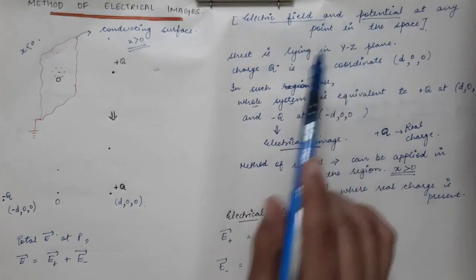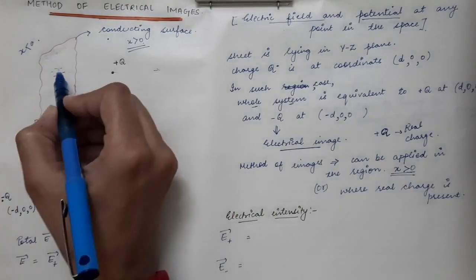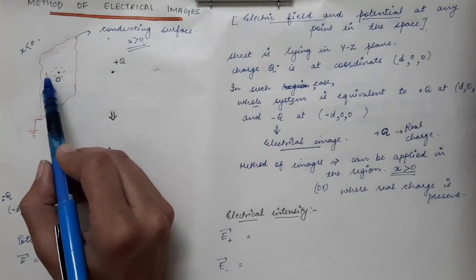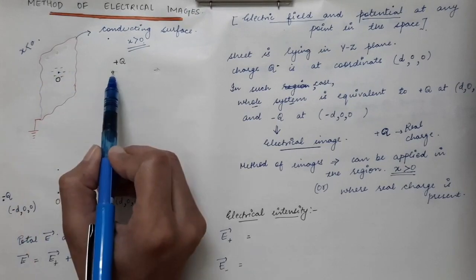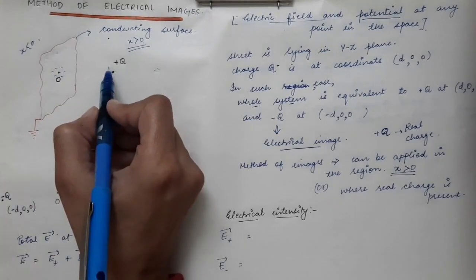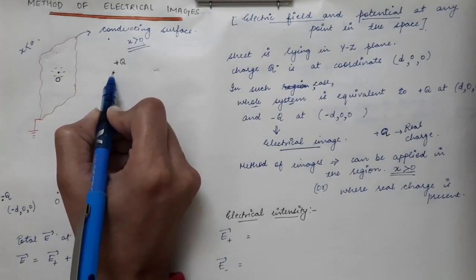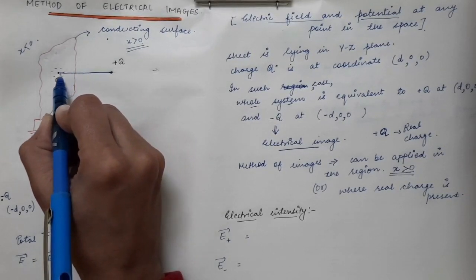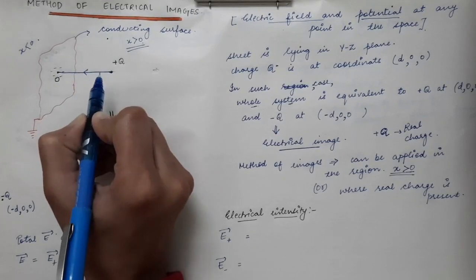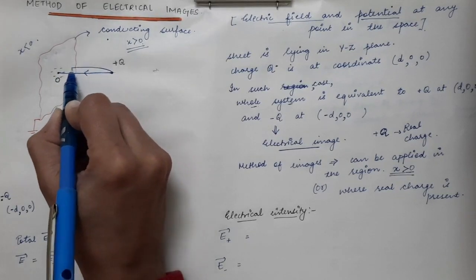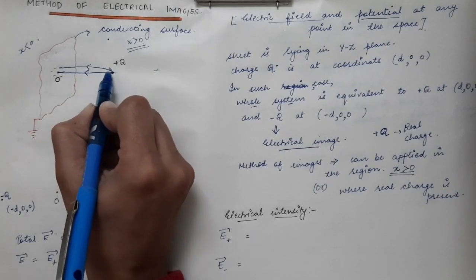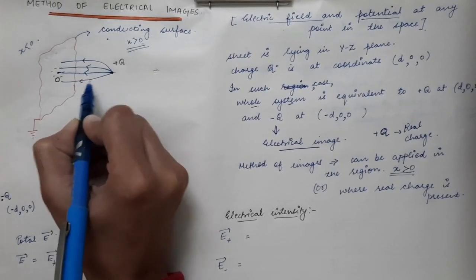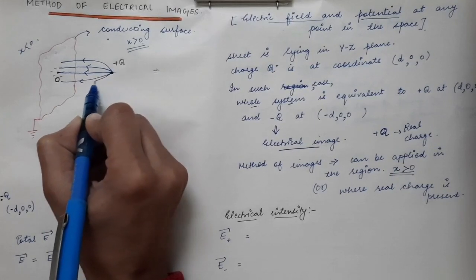In actual, how do the electric field lines look? So here is some negative charge which is induced on the conducting sheet, and this is the plus Q charge. So the electric field lines in actual start from the plus Q charge, the positive charge, and end at the negative charge. Similarly, the other electric field lines will have this form. So they start from the plus Q charge and end at the minus Q charge.